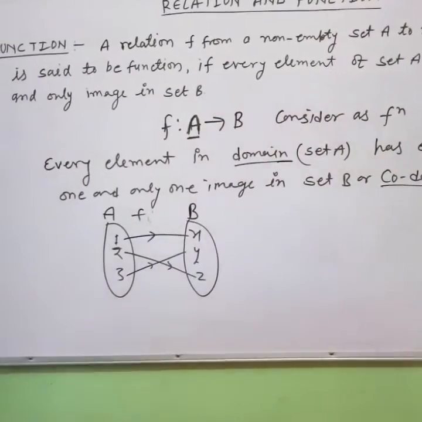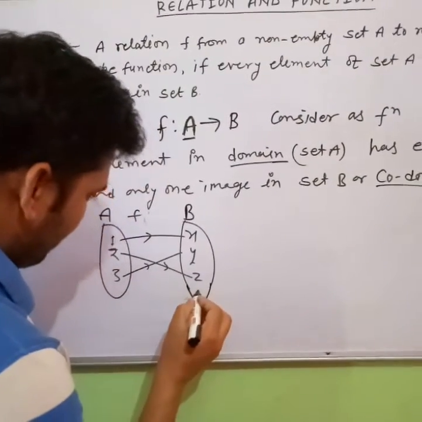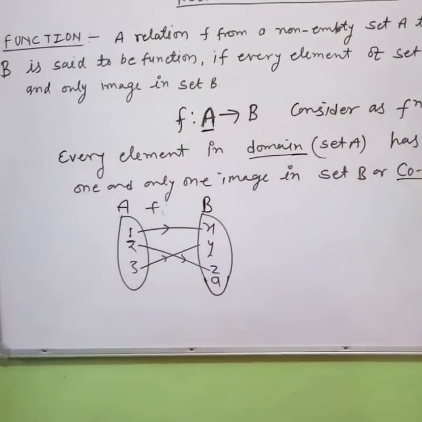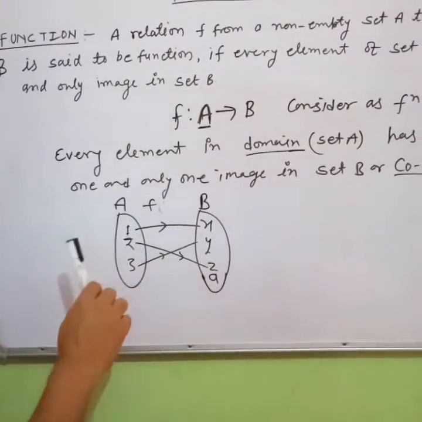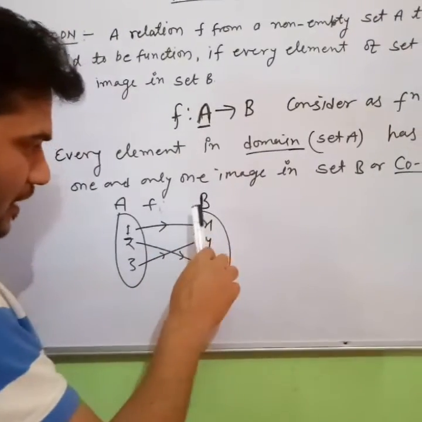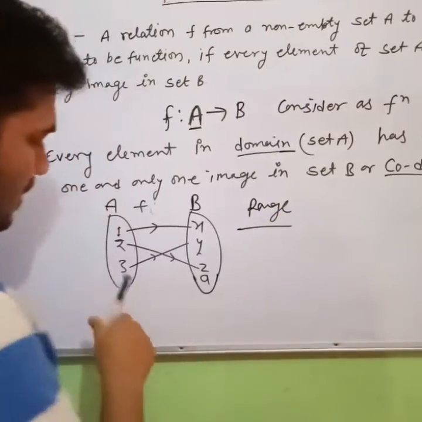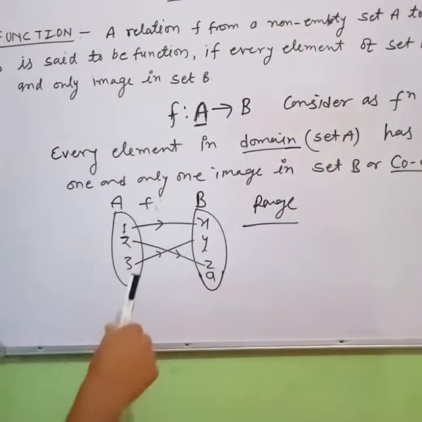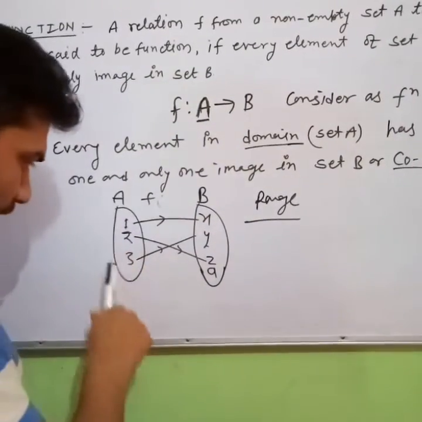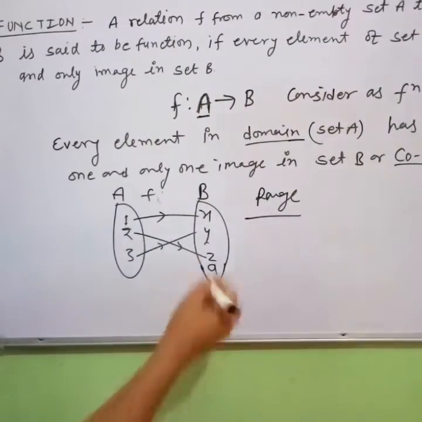And suppose here is an element a which is not mapped from A. So this is domain and this is codomain. And range, what is range? Those elements that are pre-images in domain, means those elements that are mapped from a domain, are called range.